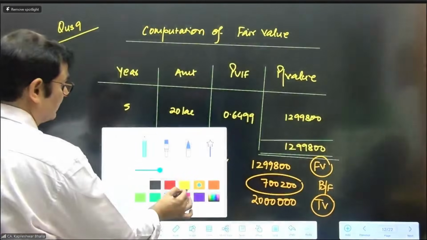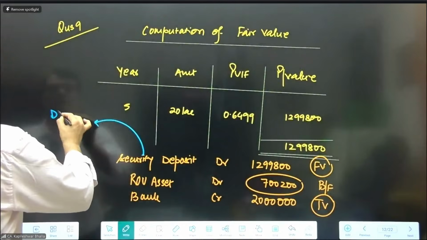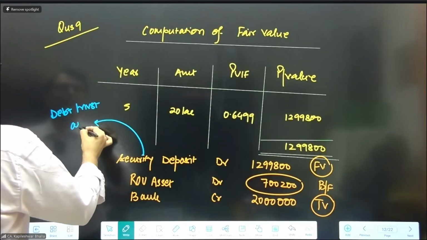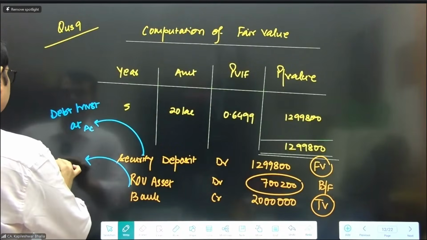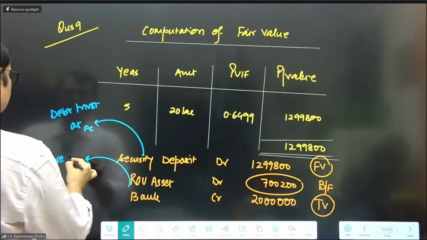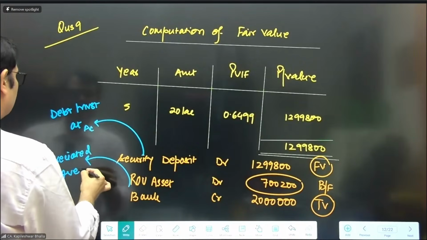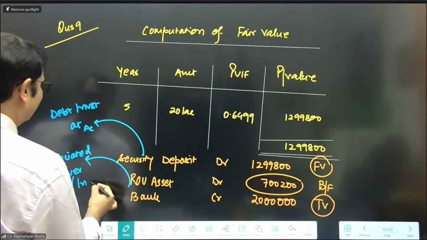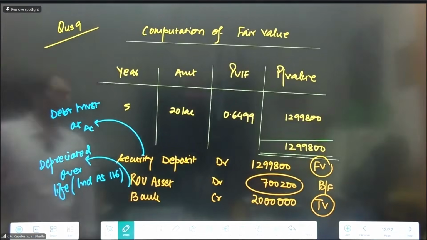So the security deposit will be accounted like a debt investment at amortized cost. And the ROU asset is going to be depreciated over the life, based on Ind AS 116. So this is going to be depreciated over a period of time.